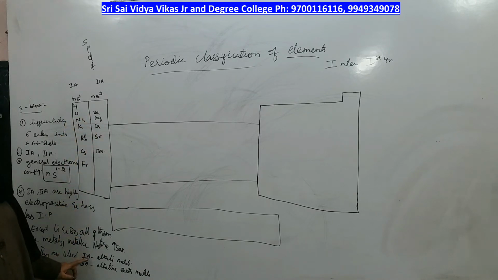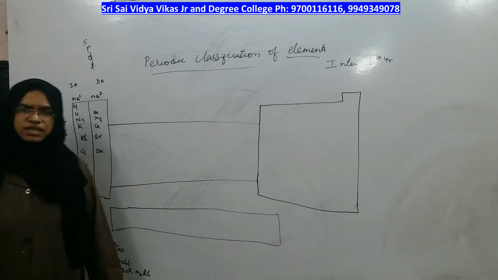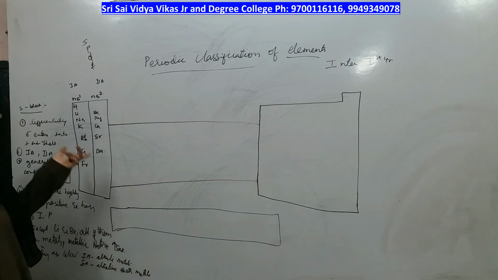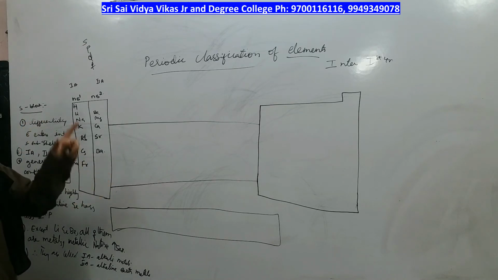Therefore, as they can easily form bases, alkali means bases, as they are electropositive, they will easily make base. That is why they are called as alkali metals, and alkaline earth metals, right. This is about S block elements. Please copy down the important points of S block, and in the same order we shall discuss P block elements.